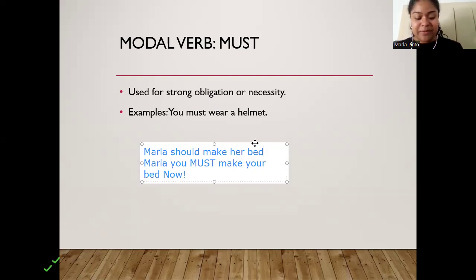Let's suppose we are in a room and you see the room so messy, with things on the floor or on the couch, or the closet is a disaster, and all the stuff is on the bed, and you say, hmm, Marla, you should make your bed. In this context, we are not just talking about her, we are using the second person.